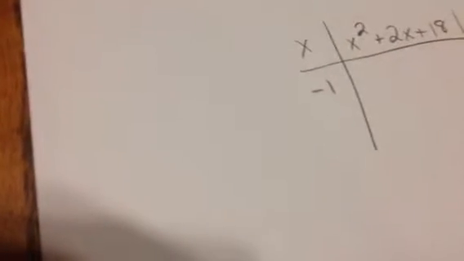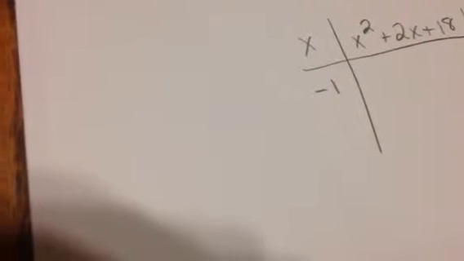And since you got negative 1, you will start with that. And then you pick 2 more values. So maybe you want to pick 0 and 1, because those are 2 values to the right of your axis of symmetry. So you'll plug negative 1 in for your x's.